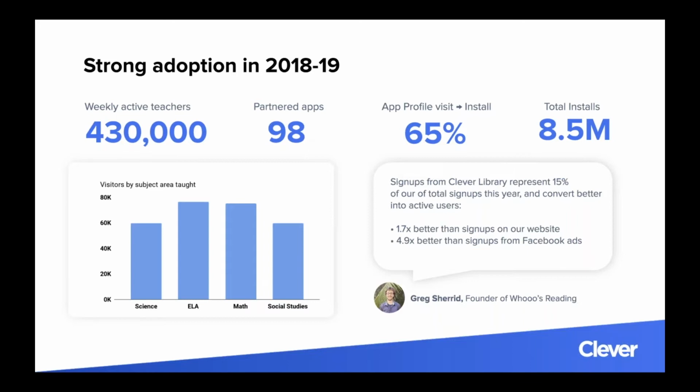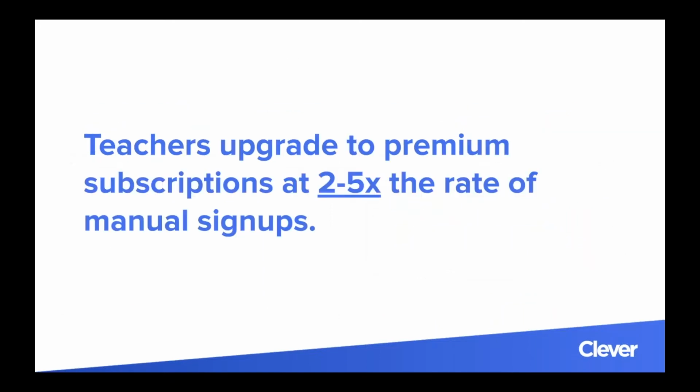And in talking with Greg at Who's Reading, what's even more exciting is that the teachers they're getting who sign up through Clever are upgrading to premium classroom subscriptions at 2 to 5 times the rate of manual signups. And that range comes from multiple partners. So that is what you can expect from the Clever library.